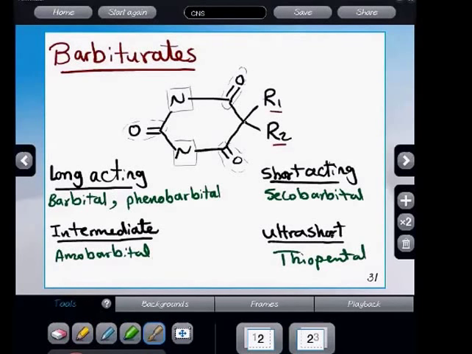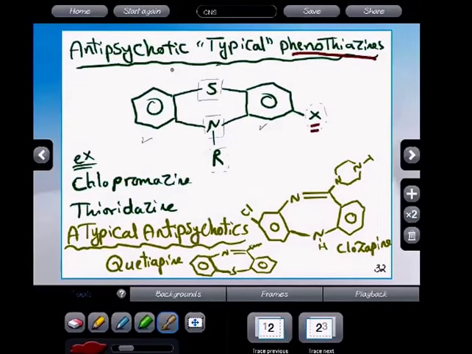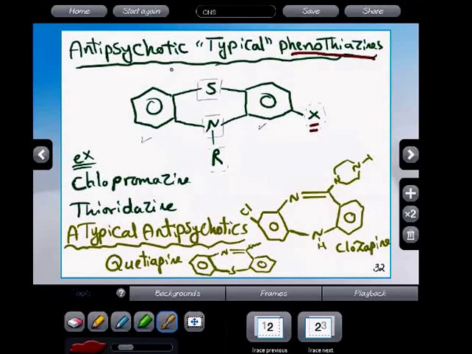And about the antipsychotic drugs, the typical antipsychotics are the phenothiazines.